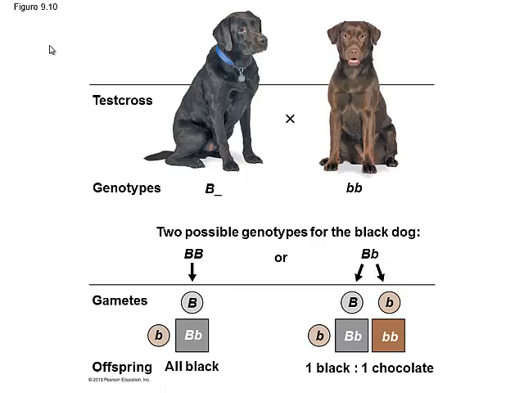Chocolate. Again, that's not necessarily the case because it's a 50-50 shot every time, right? If that dog was homozygous dominant and we crossed it with the chocolate lab, all of its offspring are going to be what? Black. If I took the heterozygous one and crossed it with a chocolate lab, then I might get some chocolate labs.